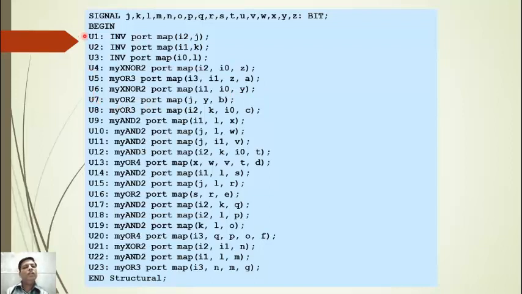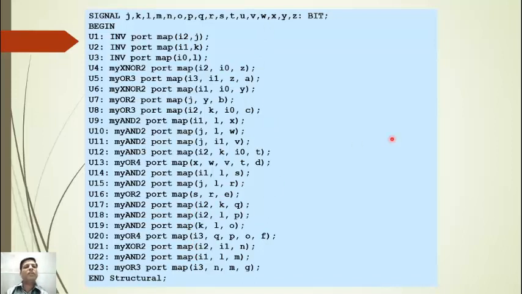So U1 to U23 means all the 23 gates; here we are defining all the port mapping. Then end structural.